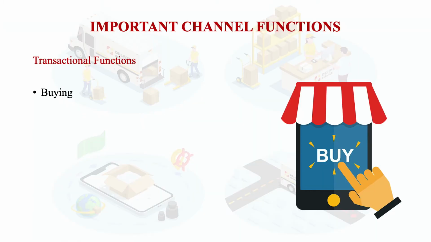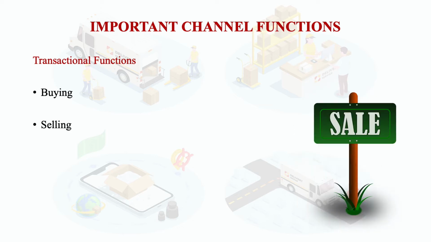So two of the important functions they perform are buying of goods and acquiring title from the manufacturer and then selling them down the channel. A wholesaler will sell the bulk that he's bought from the manufacturer by creating smaller assortments and sell them to various retailers who would then take it closer to the point of consumption.